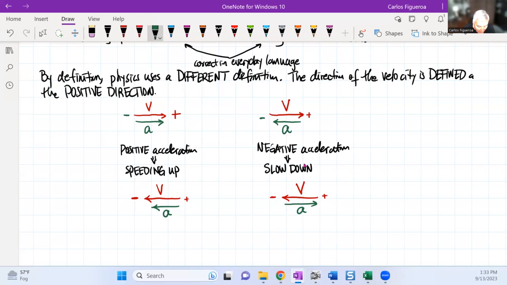And where you want to be careful here is textbooks will screw you up. There are numerous textbooks that will immediately tell you to do the following thing here. They're going to say, hey, what we want you to do is tell me whether the velocity is positive or negative, or the acceleration is positive or negative.